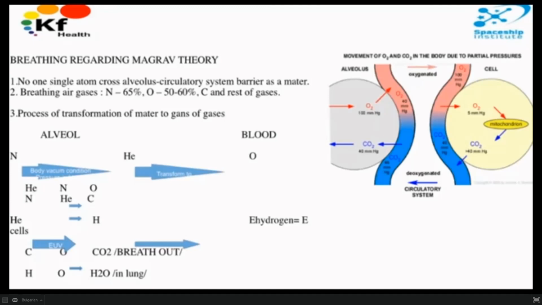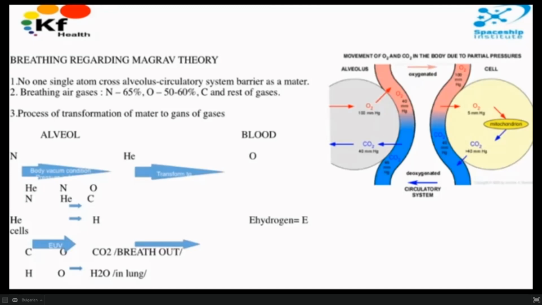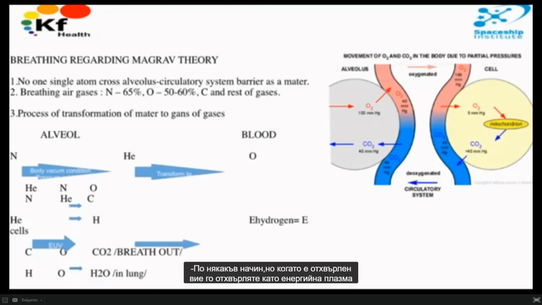Now in the contraction and motion of the body you are rejected. When you come into the matter level, you show yourself as carbon, which serves as a connection to amino acid. But when you are rejected, you are rejected as an energy plasma.